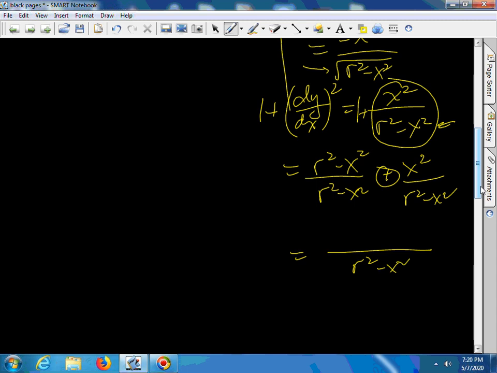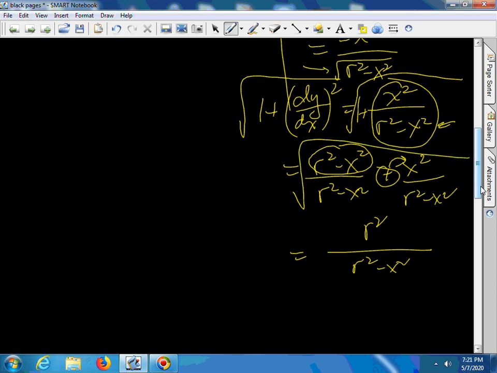And I add the tops. r squared minus x squared, but then we add back x squared, which is just r squared. Okay. One last thing. The square root of 1 plus y prime squared is the square root of that, which is equal to the square root of this, which is the square root of that.